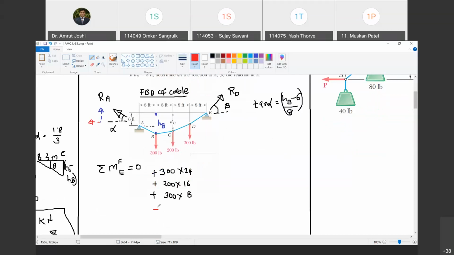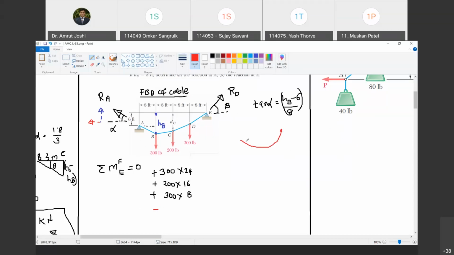Yes, sir. And where does it act? It acts at A. So the horizontal component of RA, acting towards left, what kind of moment does it produce about E? Clockwise.